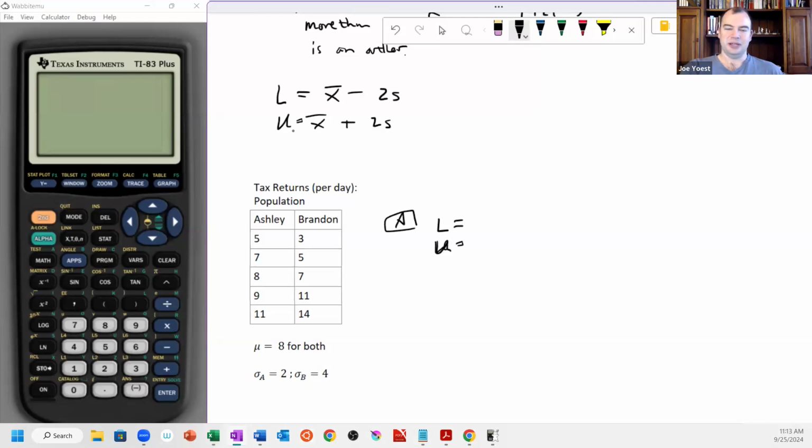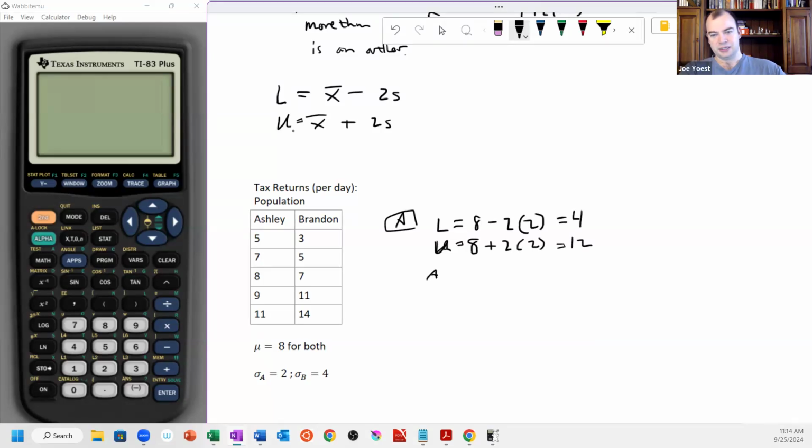This is a population, so we'd use mu and sigma instead, but same idea. The mean of 8 minus 2 standard deviations, 2 times 2, 8 minus 4 is 4. And her upper bound is the same thing, just with a plus, going 2 standard deviations above the mean. 8 plus 4 is 12.